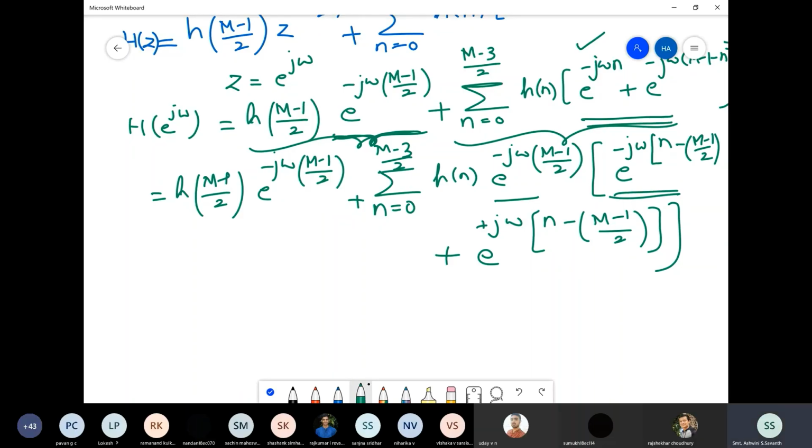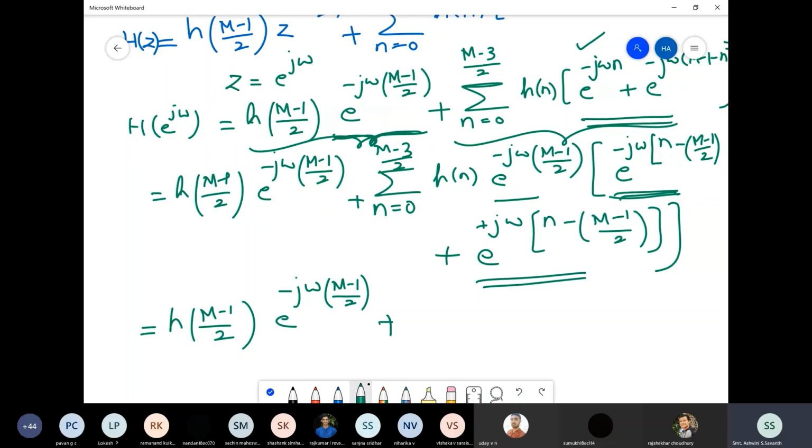But now this exponential term and this exponential term together can give us the cos term. Right? So the first term, h of m minus 1 by 2 e power minus j omega into m minus 1 by 2, the first term as it is. Plus, this term can be written outside the summation as a common factor. Why? Because it has no n term in that. There is no n term there.